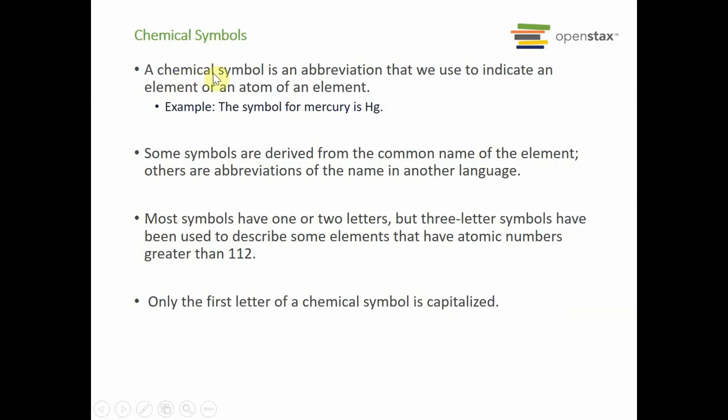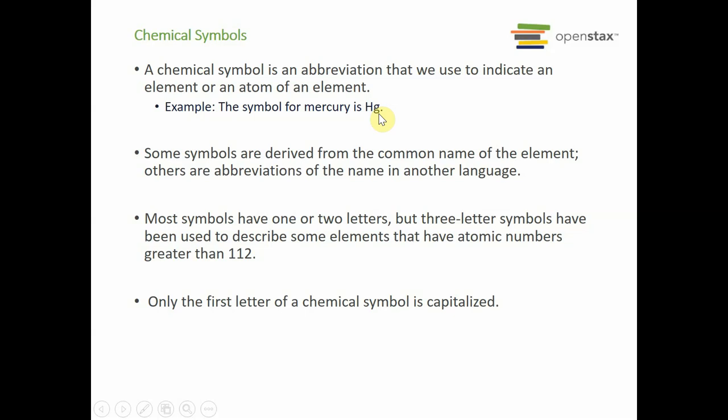A chemical symbol is an abbreviation that we use to indicate an element or an atom of an element. For example, the symbol for mercury is Hg. Elements always have a capital letter, and many of them have a lowercase letter.